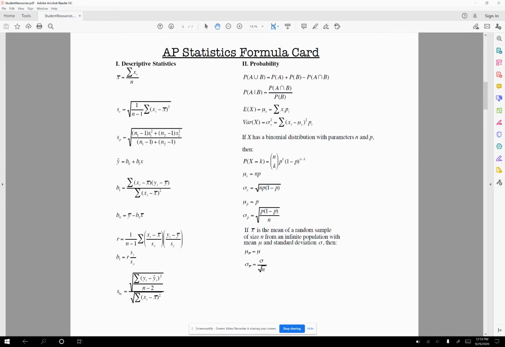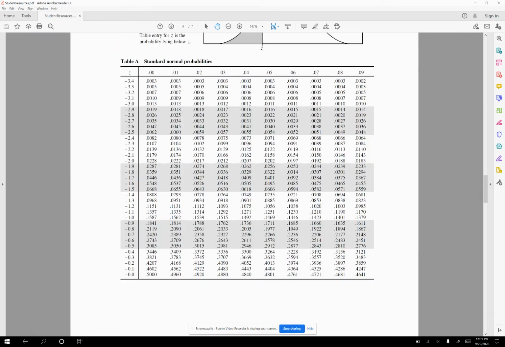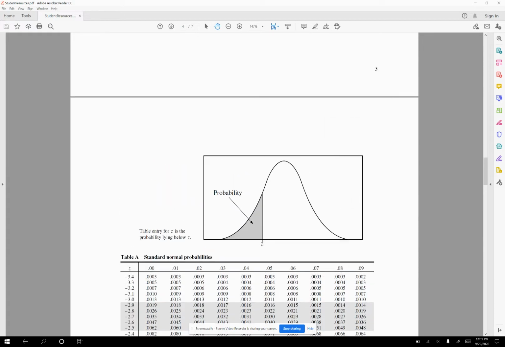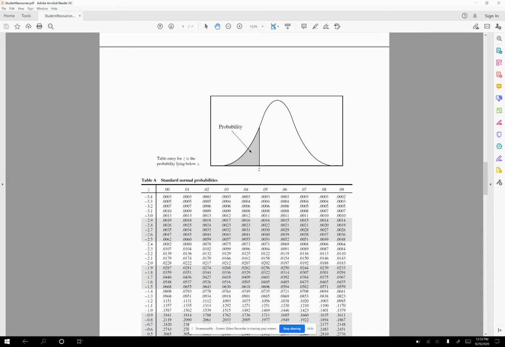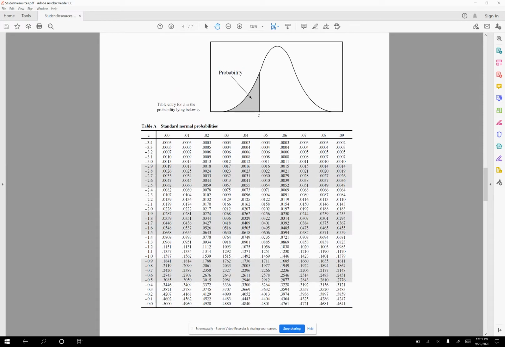So you've got formulas for mean, you've got standard deviation formulas, you've got formulas we haven't even talked about yet. And then I think page 4 here is our table A. And if you look at the top, it has this diagram of a normal curve, and the shaded region is the probability or the area. And that's what we're looking for.